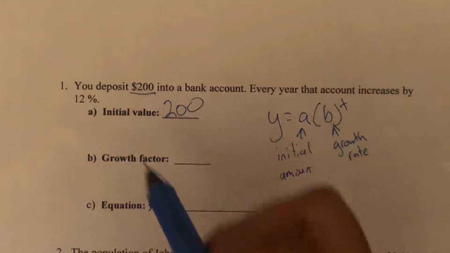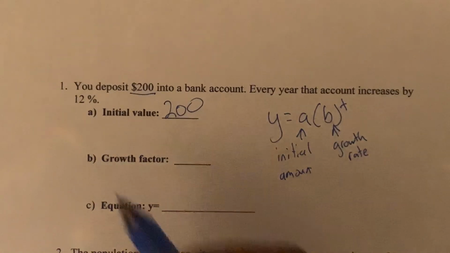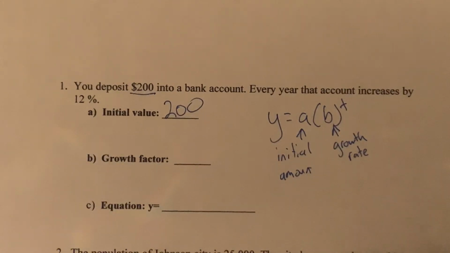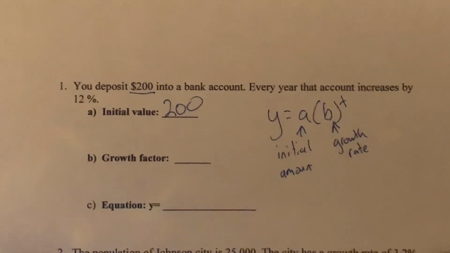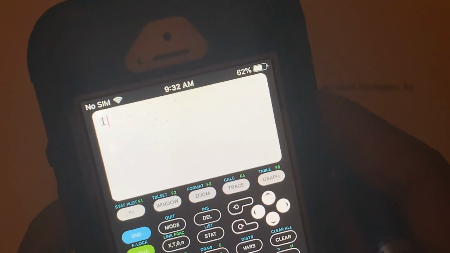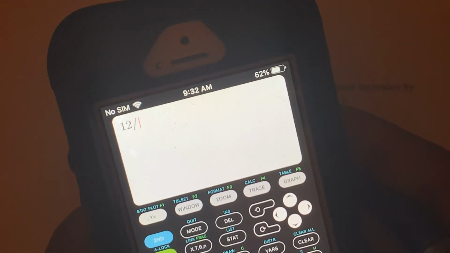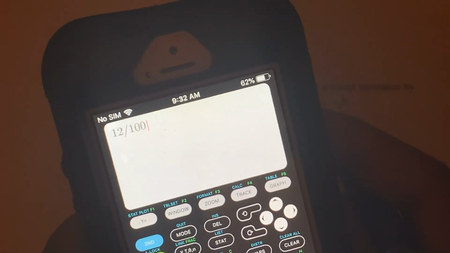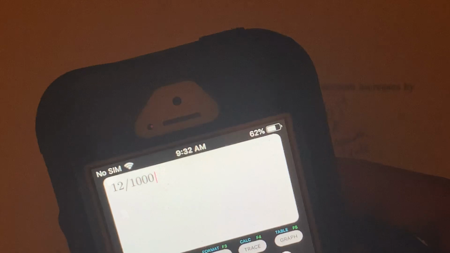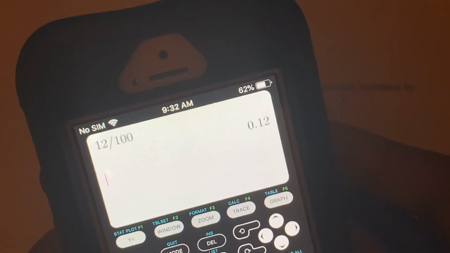Well, in order to find 12% of 200, I need to turn the 12% into a decimal. So I can do 12 divided by 100%, is 0.12.